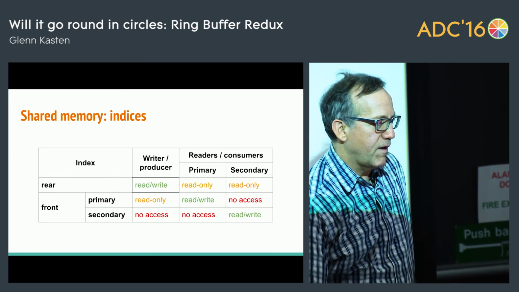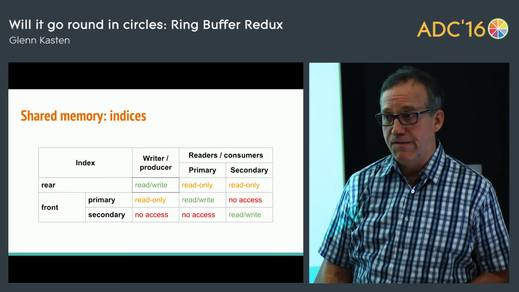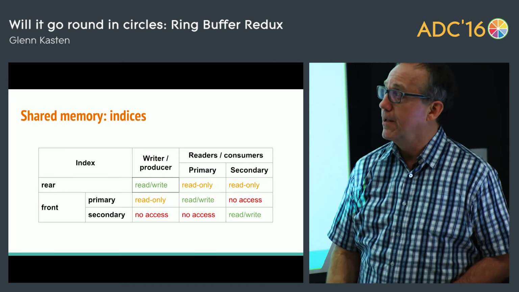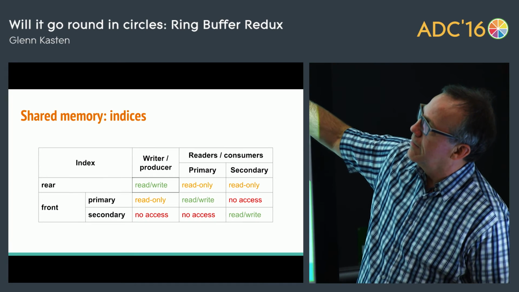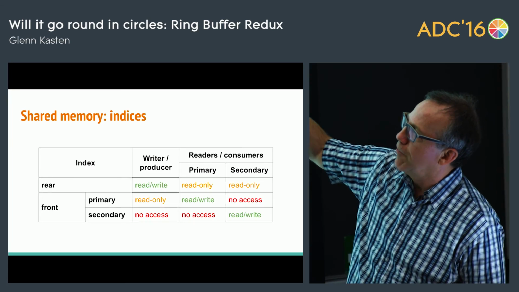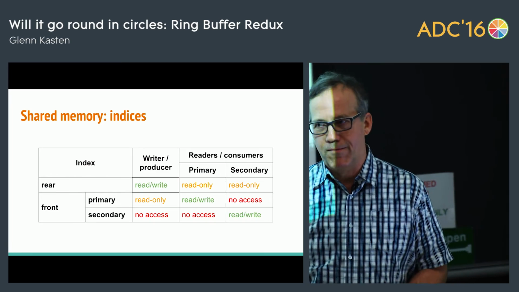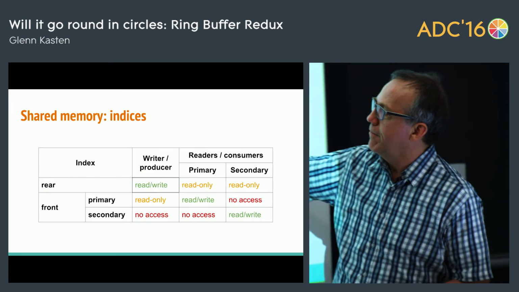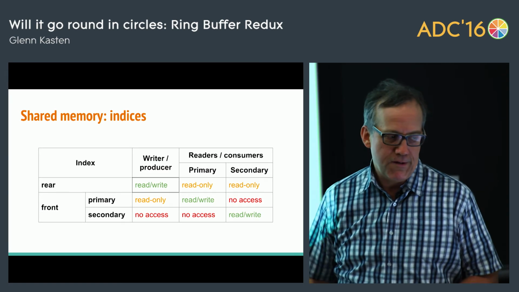So the way we can handle this is by being really, really careful about where we put the indices and where we put the array, right? So basically, for example, the writer's index is read-only with respect to all of the readers. Right? And if you have secondary readers, the writer doesn't even need to know about their indices.